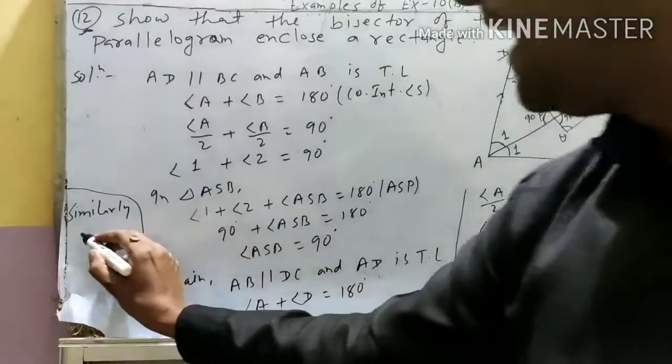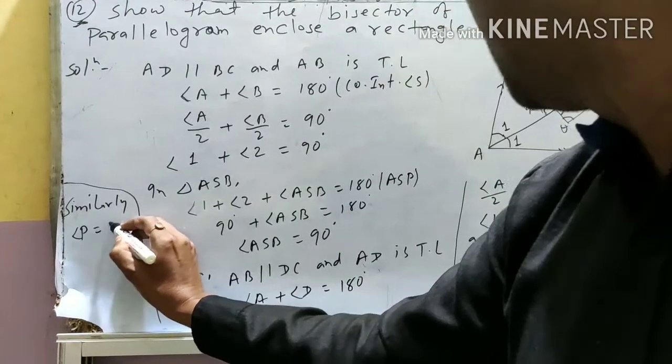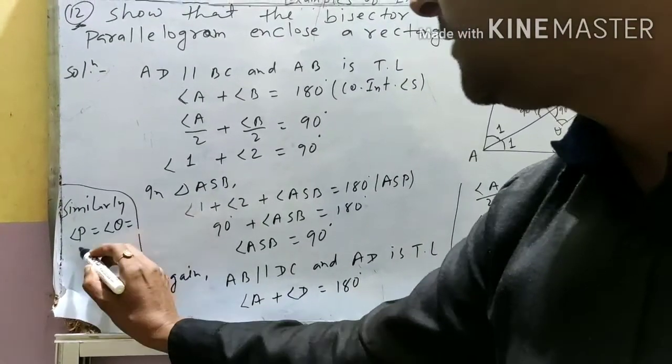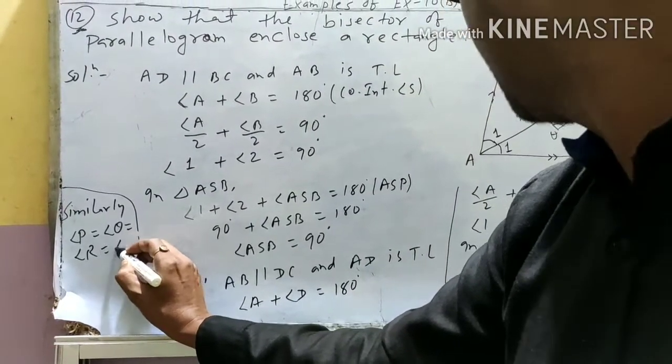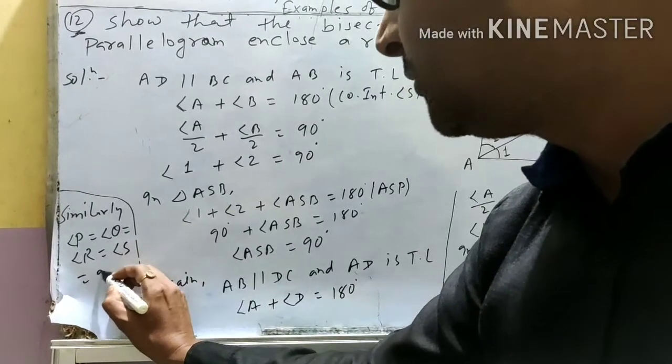So angle P is equal to angle Q is equal to angle R is equal to angle S is equal to 90 degrees.